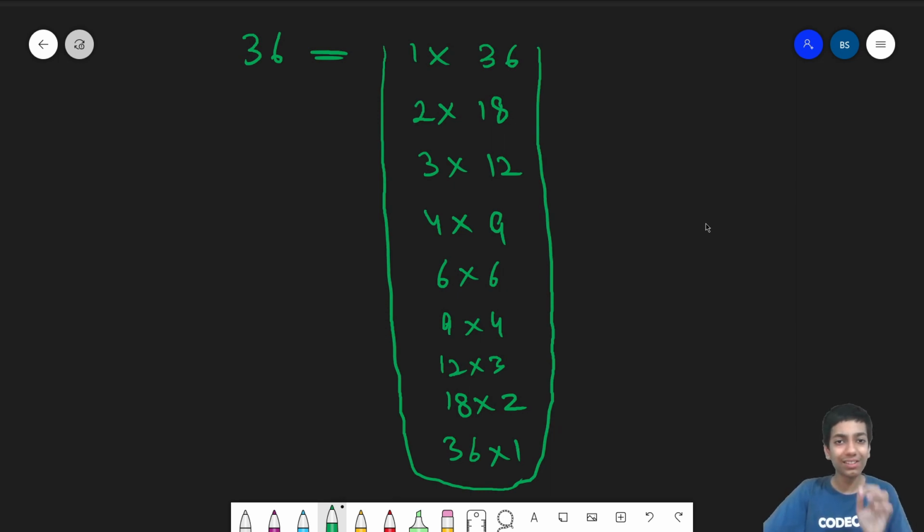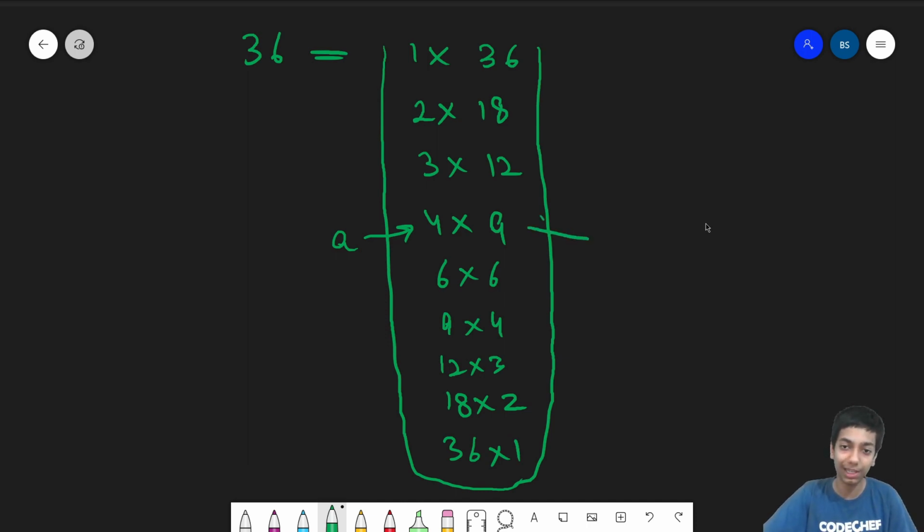So evidently you can see that a factor always exists in a pair. Like here, let's say a is 4. Then the other number, that is b, is obviously 36 by a only.